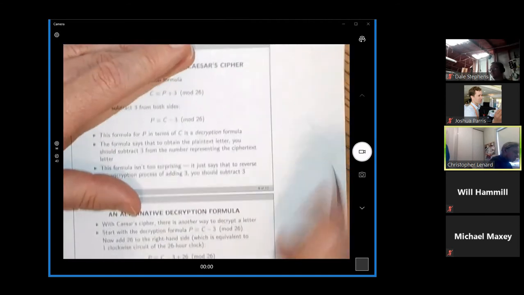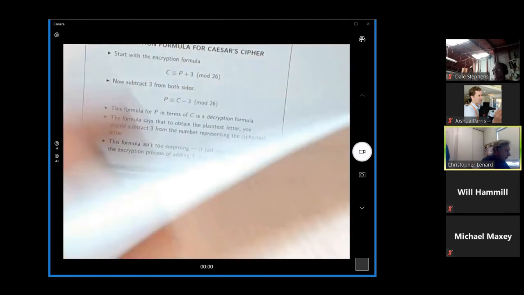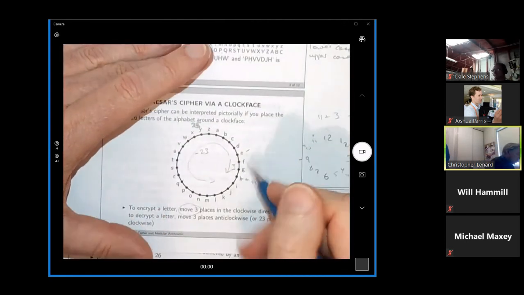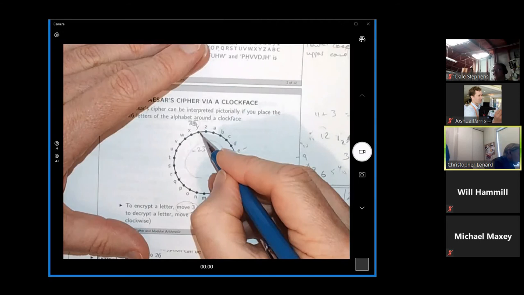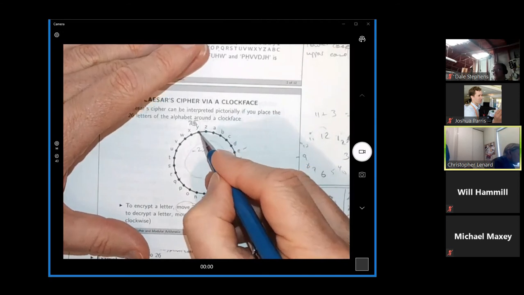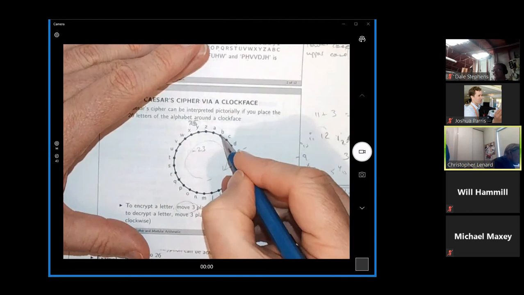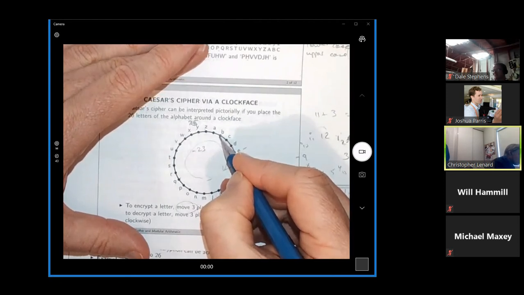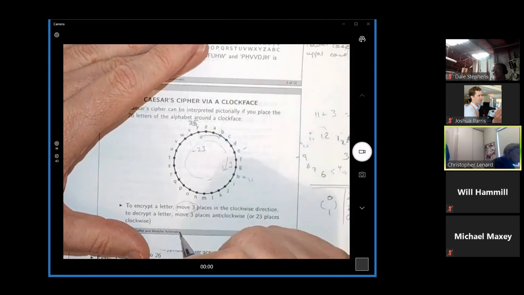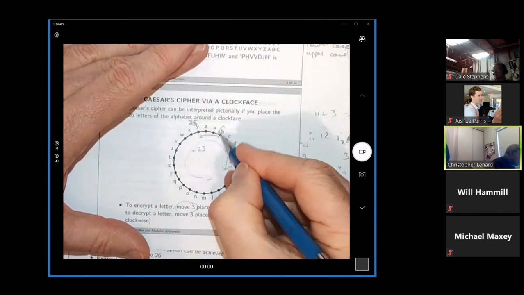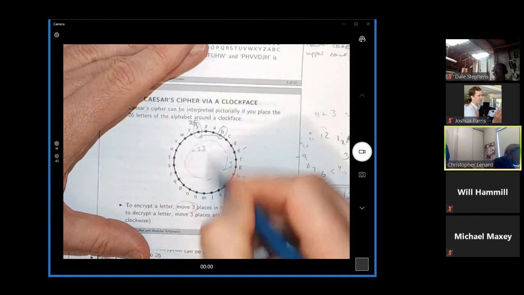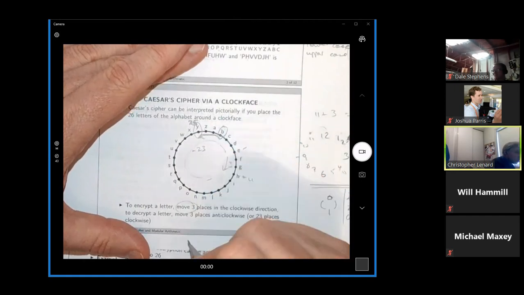So let's say we're starting at B and we're subtracting 3. What happens? We get to Y. So if we start there, we end there to decrypt.